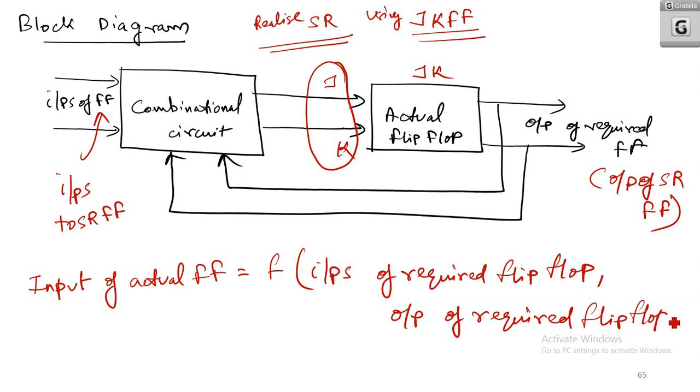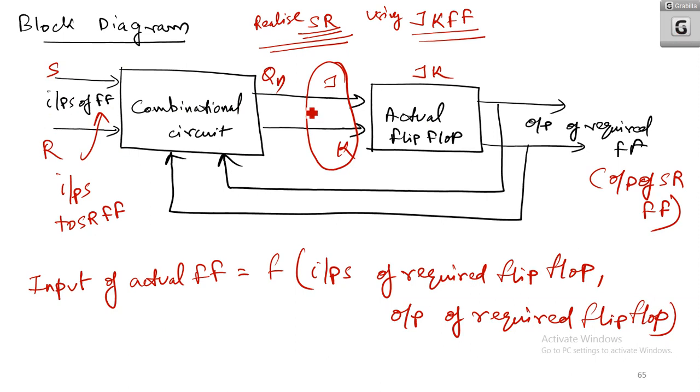Here the required flip-flop is SR, and you have JK. So you need to write the input of the actual flip-flop, that is J and K, in terms of S, R and the output, that is QN.